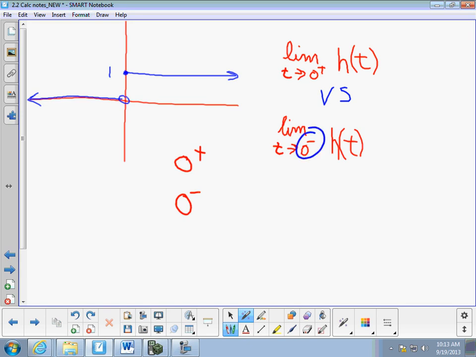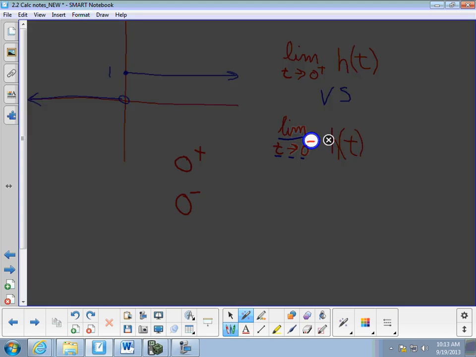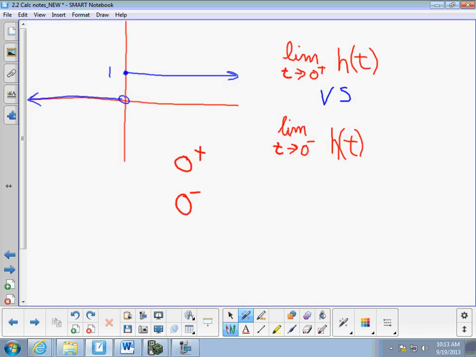Now this one, because of the little negative sign, you read as the limit as t approaches 0 from the left. Again, it's the negative sign that's the key thing. Don't read it as negative or positive; the interpretation is just the direction. So from the right, from the left.